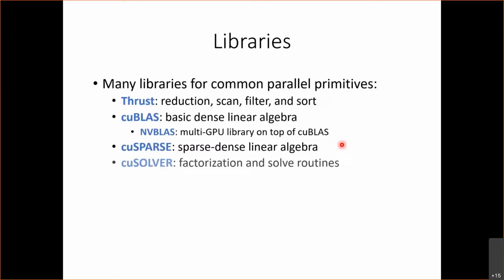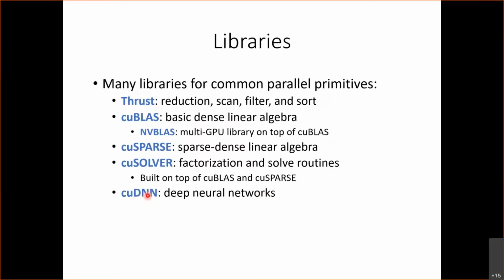Another one is cuSOLVER. cuSOLVER is useful for factorization and solve routines, like matrix factorization, and cuSOLVER is actually built on top of cuBLAS and cuSPARSE. Another one is cuDNN, which is used in deep neural networks. It implements a lot of routines that are useful for deep neural networks.